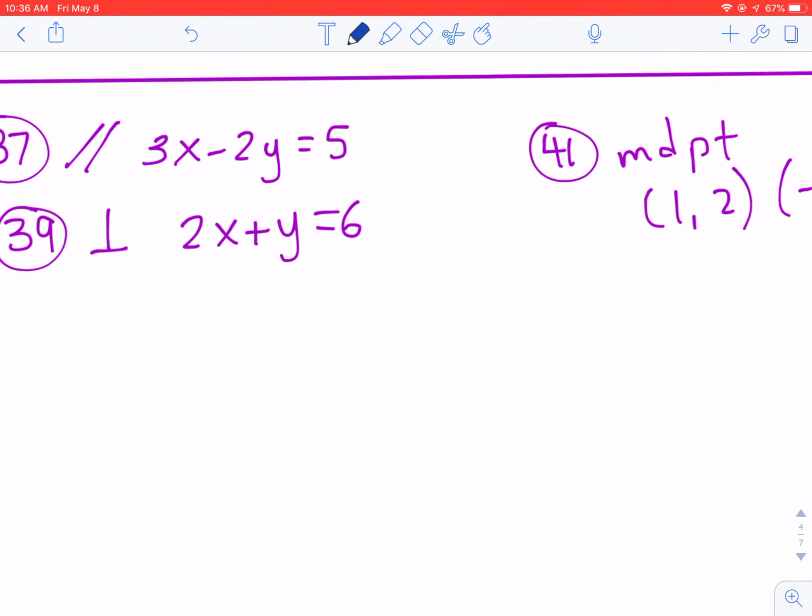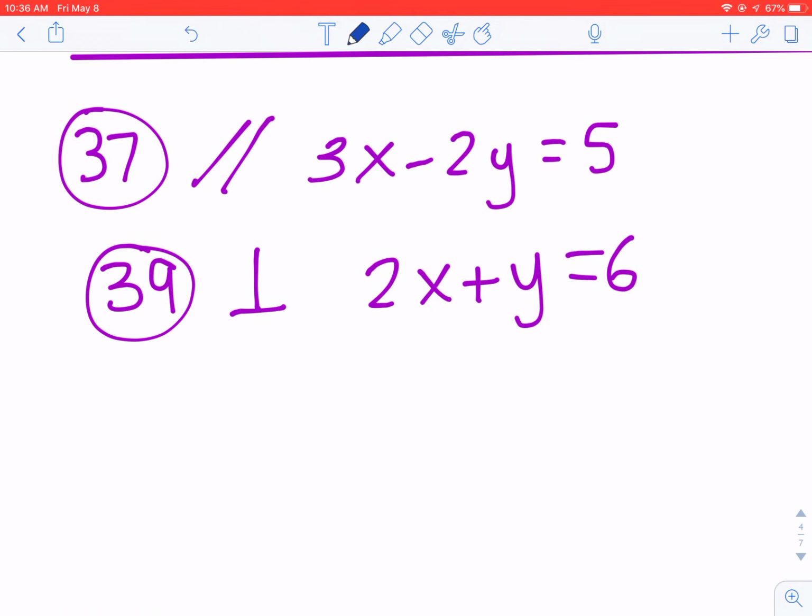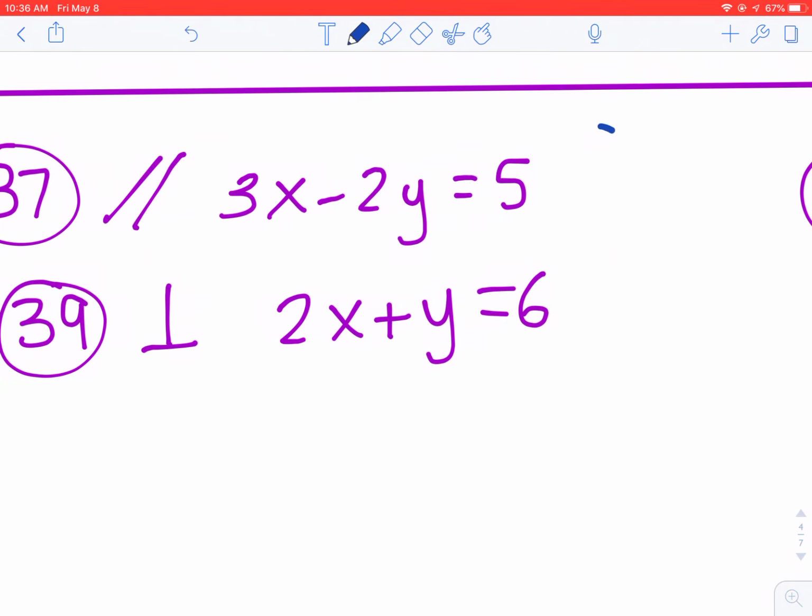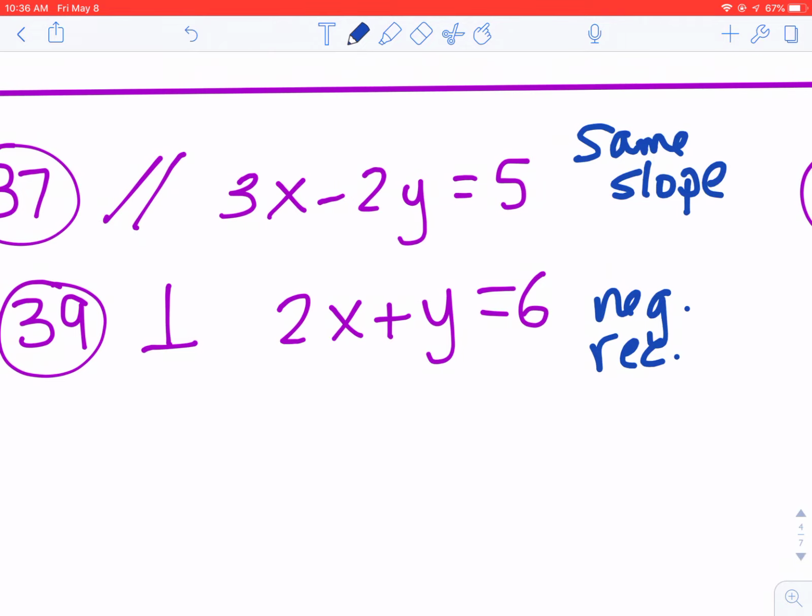All right, you have to make sure you know parallel and perpendicular. Remember we played that game, parallel, perpendicular, or neither. Parallel, remember it's the same slope. Same slope. And remember with perpendicular, it's negative reciprocal slope. Okay? So put them both into y equals mx plus b form. So 3x minus 2y equals 5.